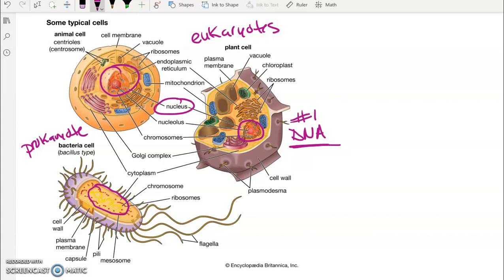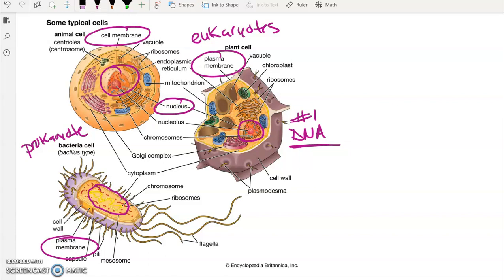The second thing is going to be a cell membrane. Now, a cell membrane, this is just the thing that surrounds the cell. Okay. Let's see, in this one, it's also called the plasma membrane. It might also be called the cell membrane as well. A cell wall, that's something that you're going to see that might be extra in a cell in addition to that plasma membrane.